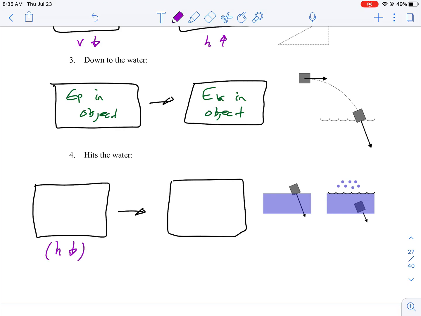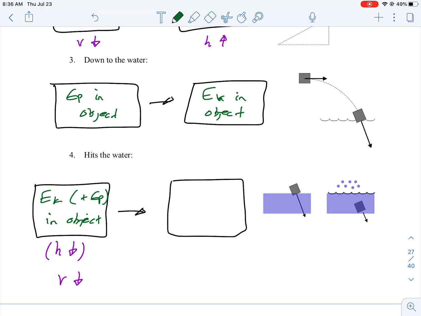It's minor. But there's a huge decrease in speed, for sure. So for this one here, no doubt the biggest one I'm expecting to see is kinetic energy. There will be a small potential energy. I wouldn't expect you to write it, but if you did, that's good, in the object. So that's what's going to be decreasing here.